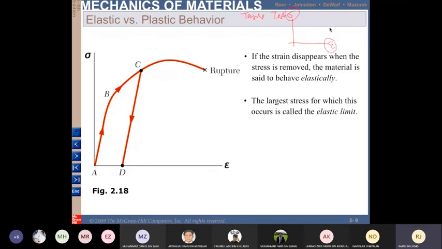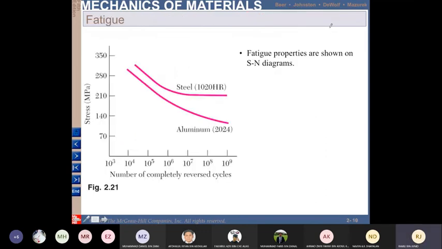But for fatigue, it will give you the result in the form of stress, which is typically written as S, and also N. N means number of cycles. So that's why it is the SN graph. This is stress. This is number of cycles.